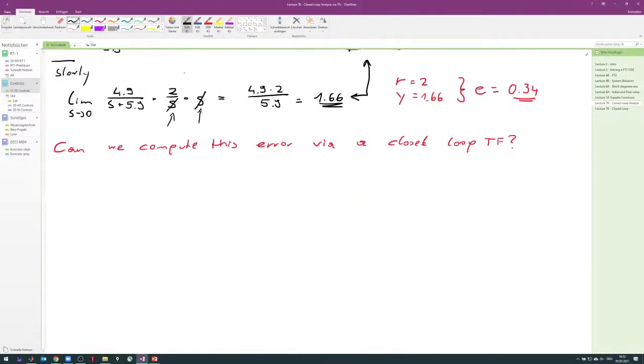This error also shows up in our block diagram.